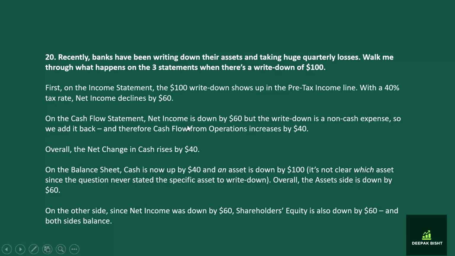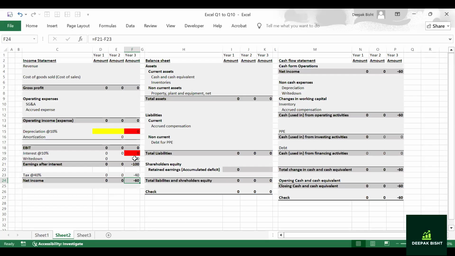On the cash flow statement, net income is down by $60. But the write down is a non-cash expense, so we add it back, and therefore the cash flow from operations increases by $40. Because write down is a non-cash expense, we add it back here, and because of this, there is a cash inflow of $40.